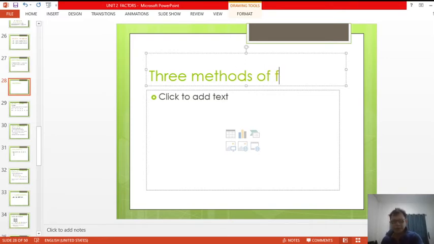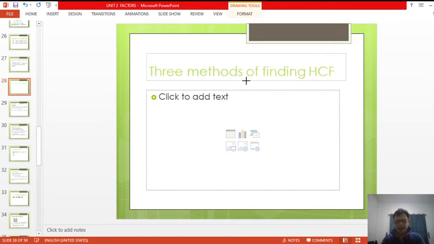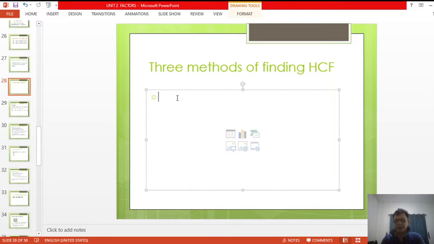The three methods of finding HCF, or highest common factor. The three methods are: one, by listing.